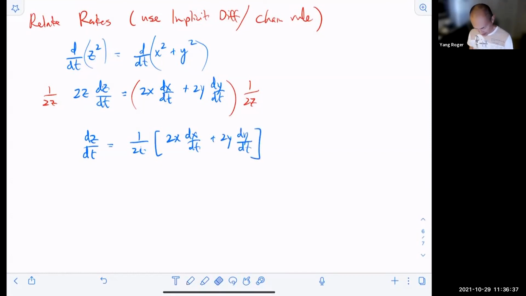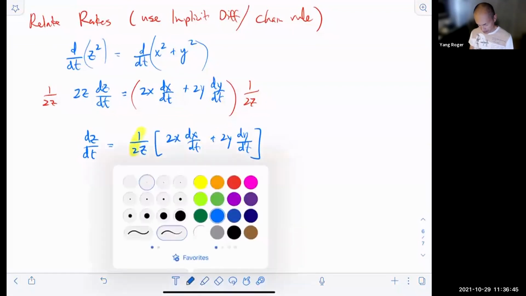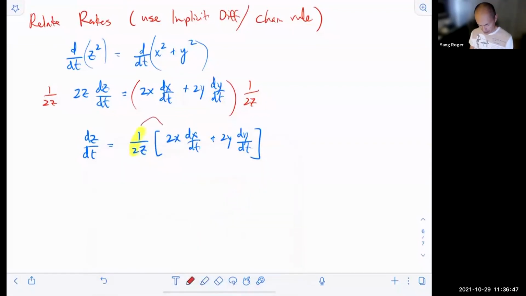That's a z, not a t here. So one thing I could do is take this 1/2 and distribute it inside the parentheses, like so. So then this makes my thing 1 over z times x dx dt plus y dy dt. And that's my dz dt.